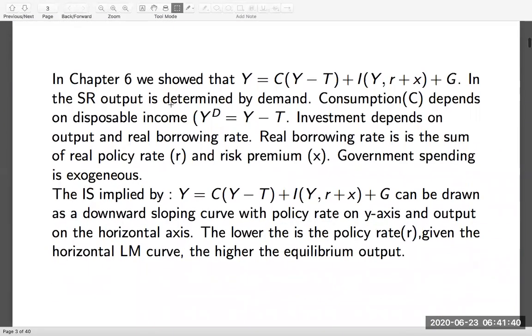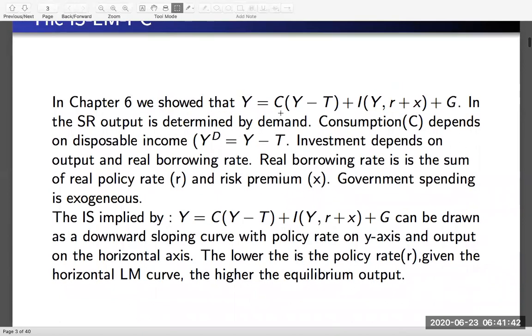So in chapter 6, we show that output is given by this equation, where consumption is a function of disposable income, plus investment, which now depends on the real interest rate plus some risk premium, plus government spending.